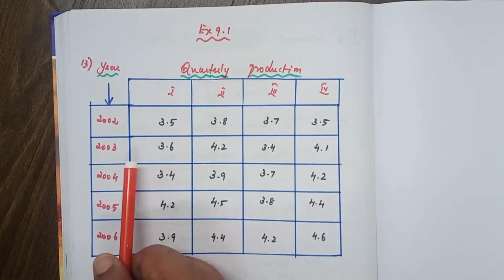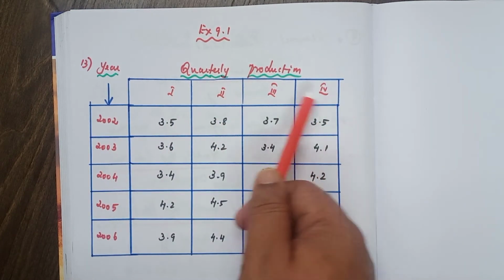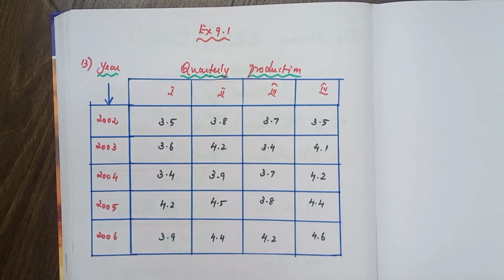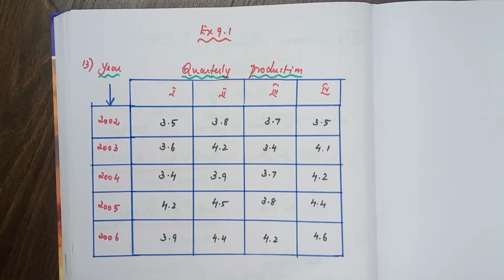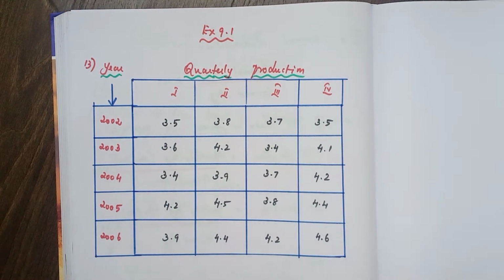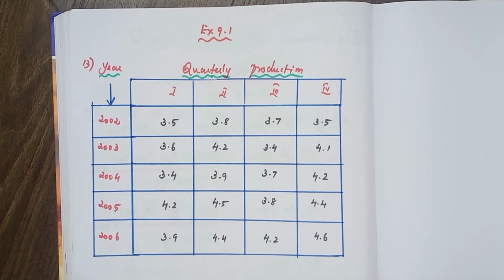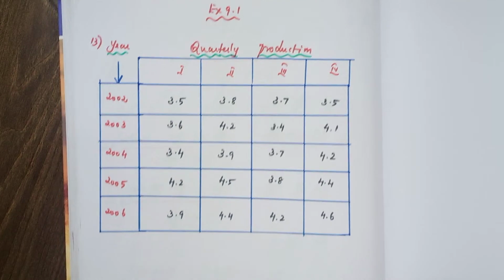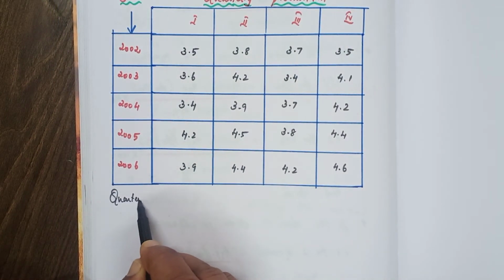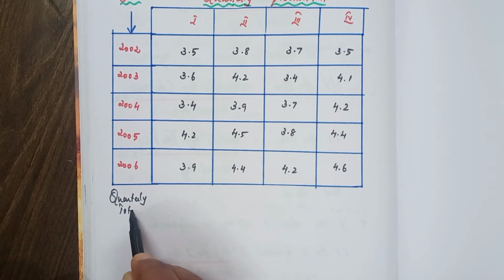Each year is divided into 4 quarters, first, second, third and fourth, and the quarterly production is given. Start by calculating the quarterly total.